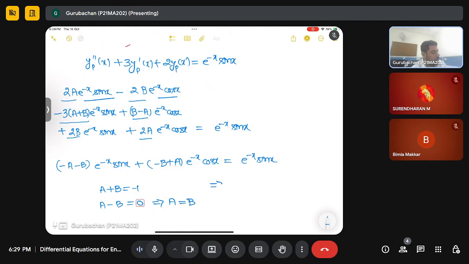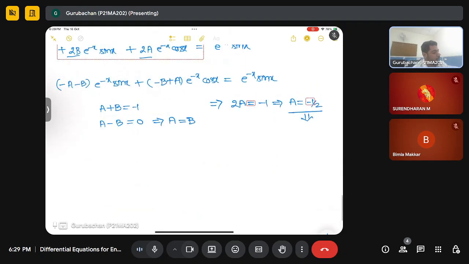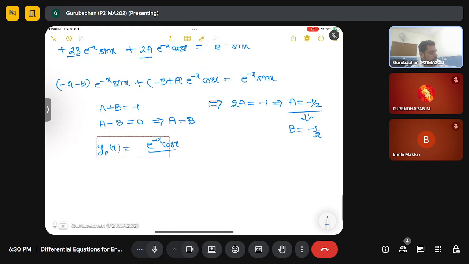When you put in the above equation, you will get 2a equal to minus 1, that is a equal to minus half, and this will imply that b should be minus half. So from here you got your solution. This will be e to the power minus x cos x multiplied by minus half, and minus e to the power minus x sin x divided by 2.